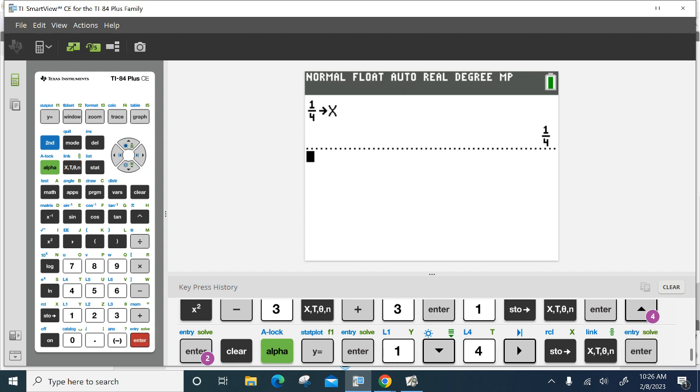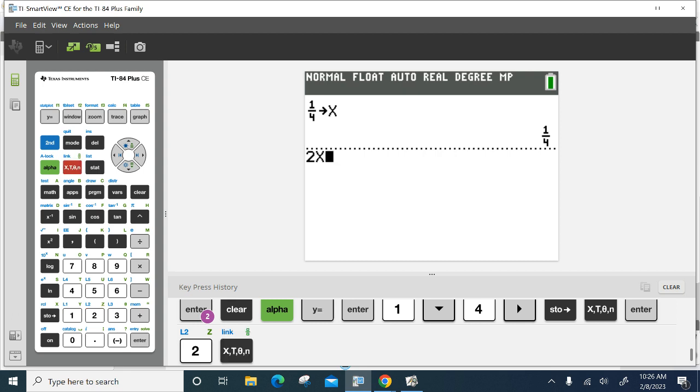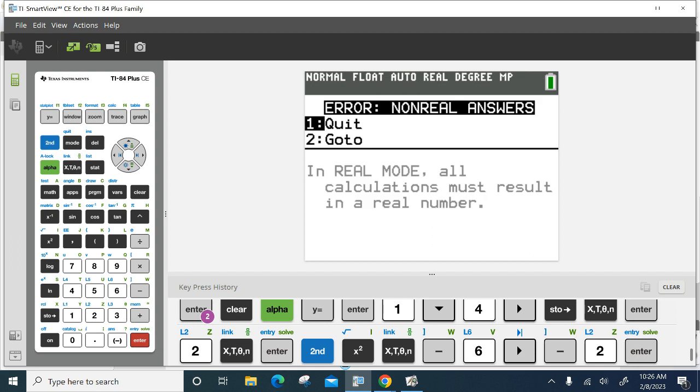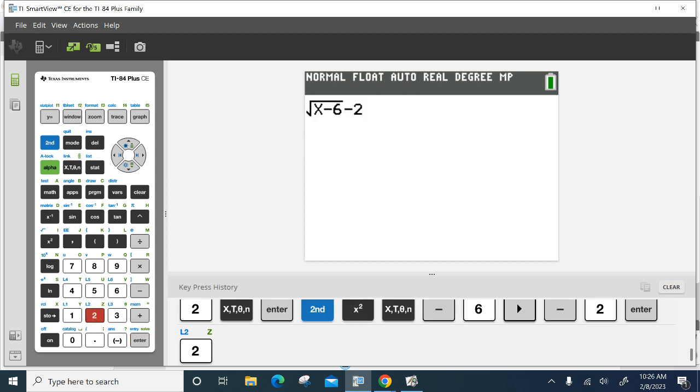Okay, now this is something where the left and the right side have to equal each other. So type in the left side, 2x of the equation. Do I get 1/2 when I type in the right side? Let's see. Square root x minus 6, and then minus 2 on the outside. No, wait.